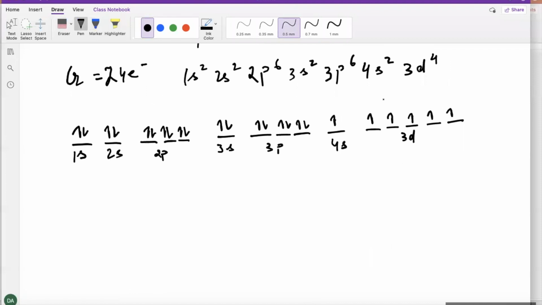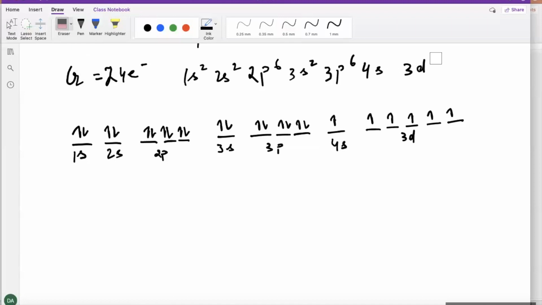So you see how happy chromium is going to be by looking at its 3d being half filled. So this is what has happened. Now we have to go back and change our electron configuration. On the exam, guys, if I ask you the electron configuration for chromium, I'm not going to be reminding you with this orbital diagram. It's your job to remember that chromium and copper are the ones who move their electrons around.